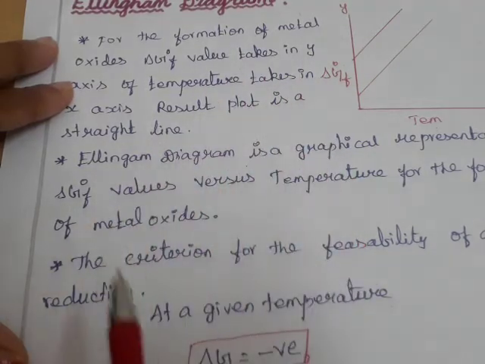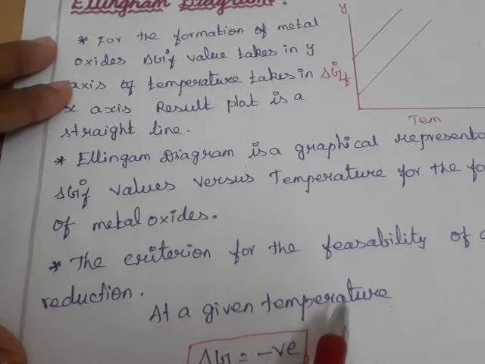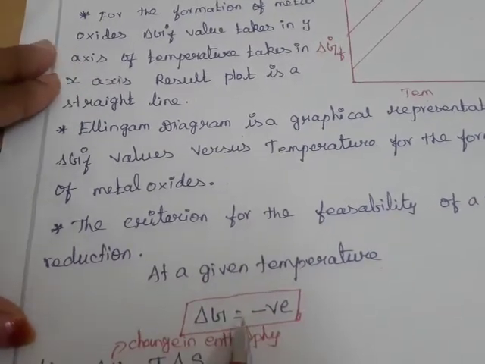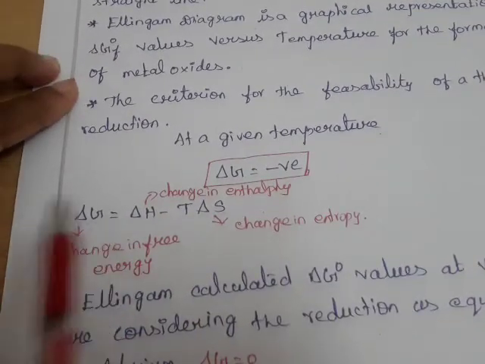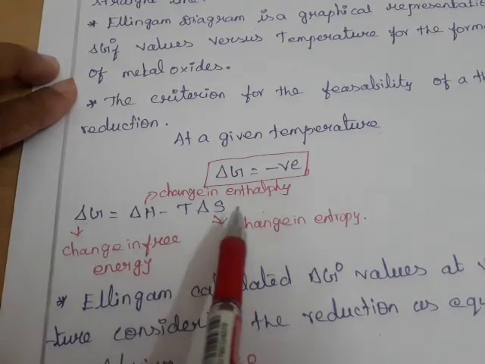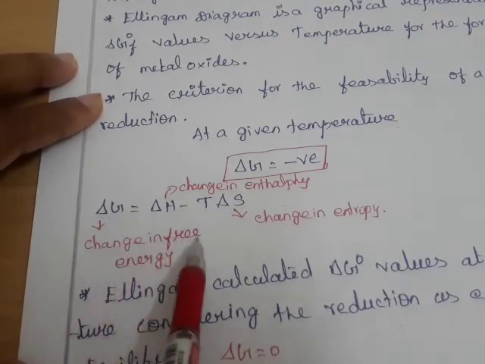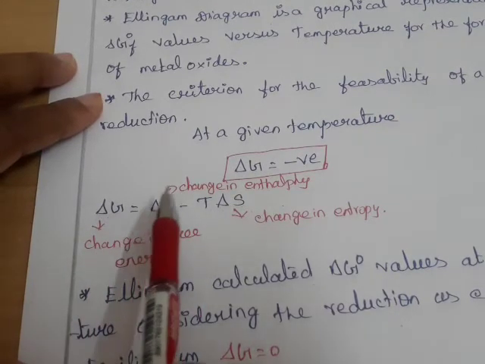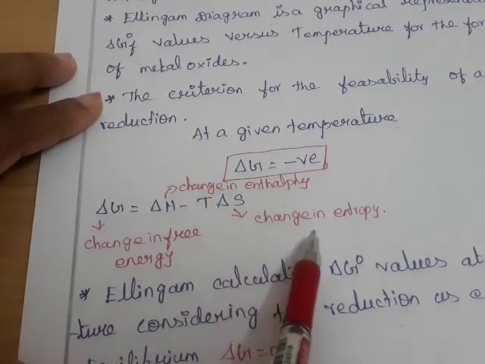The criterion for feasibility of thermodynamic reduction at a given temperature is that del G naught is always negative. Now, del G is equal to del H minus T del S, where del G is the change in free energy, del H is the change in enthalpy, and del S is the change in entropy.